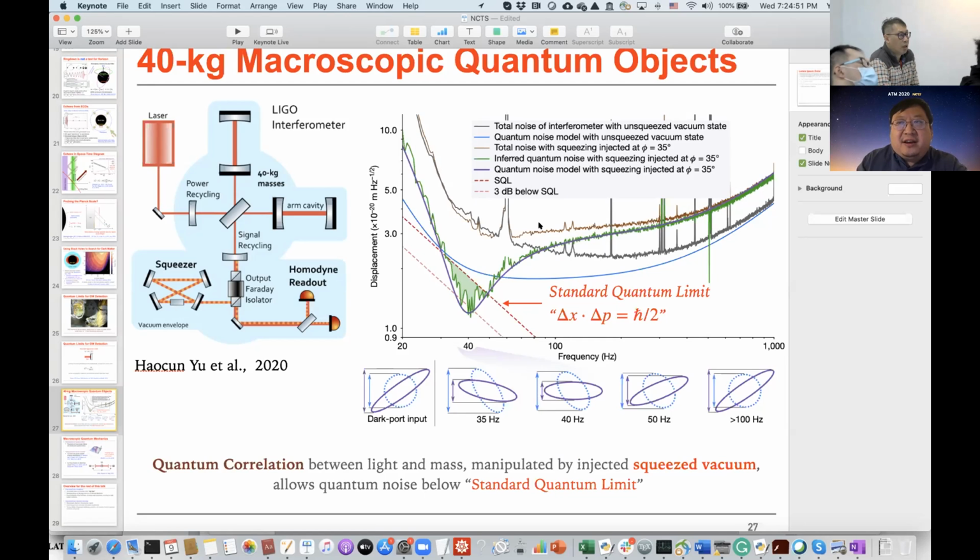I don't know exactly the plan of the A+ upgrade, but I think it will certainly be done. And that will be before the so-called Voyager upgrade, which is a more ambitious one with cryogenic systems and higher laser power. So A+ has already been planned and will happen. I don't exactly know the schedule though.